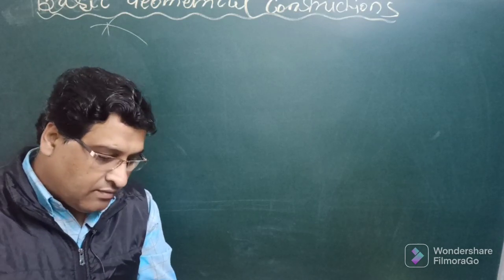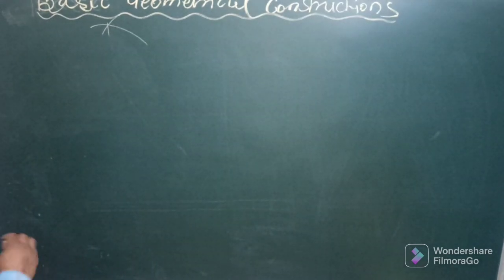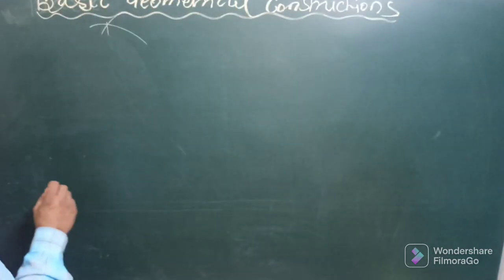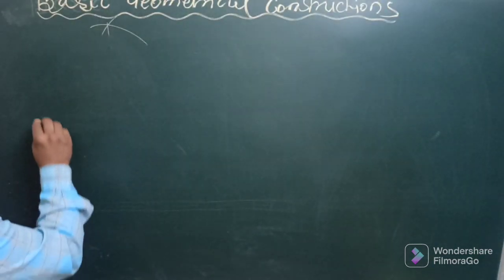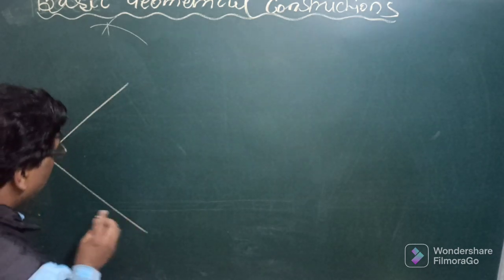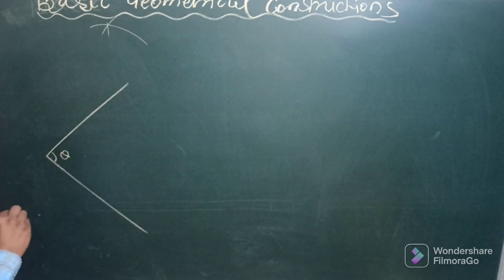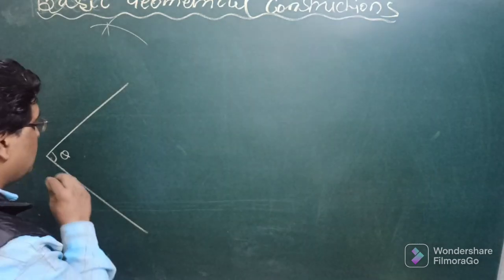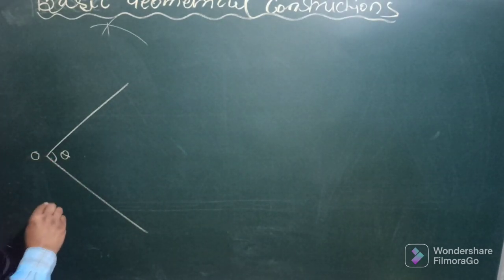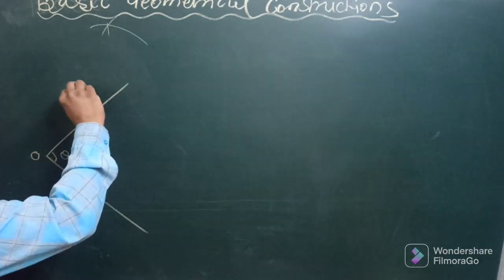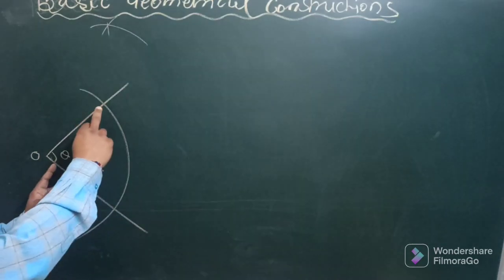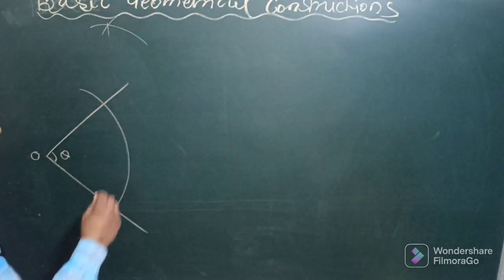Now we can divide and bisect angles also in equal number of divisions, or we can divide into two equal parts. So say for example you are having an angle like this, and you have to divide this theta angle into two parts, or we have to bisect this angle into two parts. So take O as center, and with any arbitrary radius cut an arc here. This radius is not fixed, you can take your own.